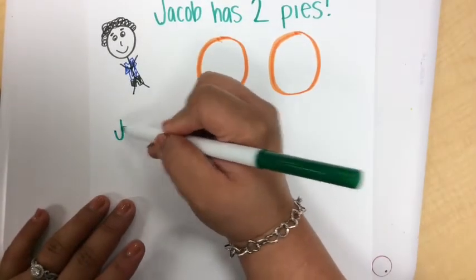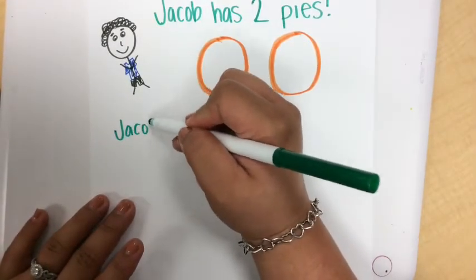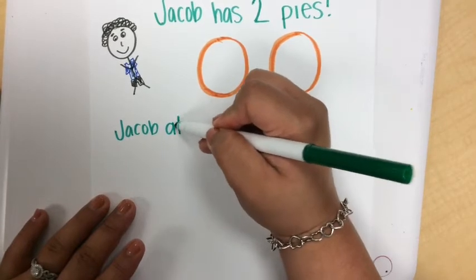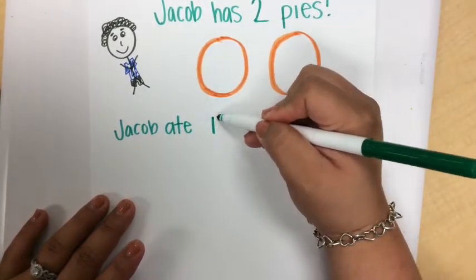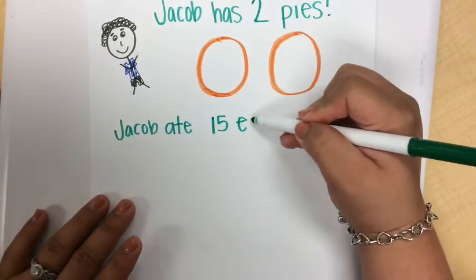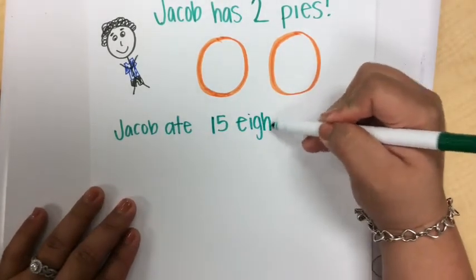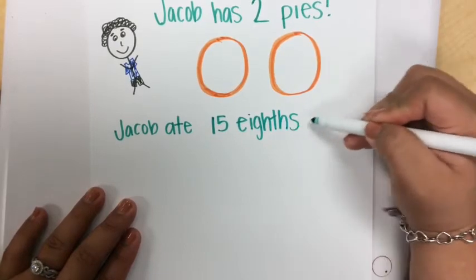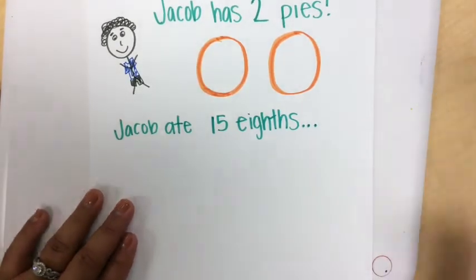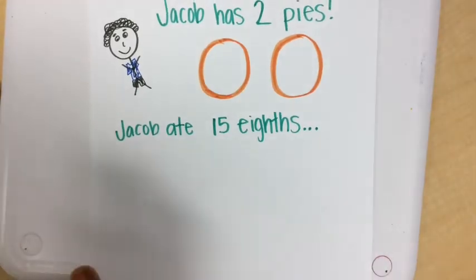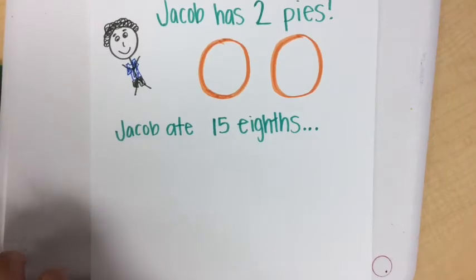So Jacob ate 15 eighths. If Jacob ate 15 eighths, what do you think that the cake, or the pie is partitioned into?